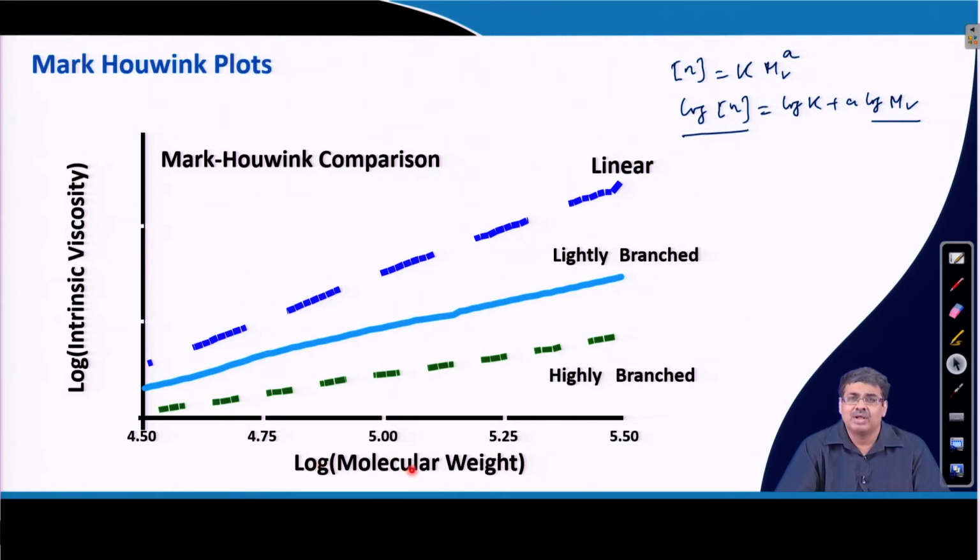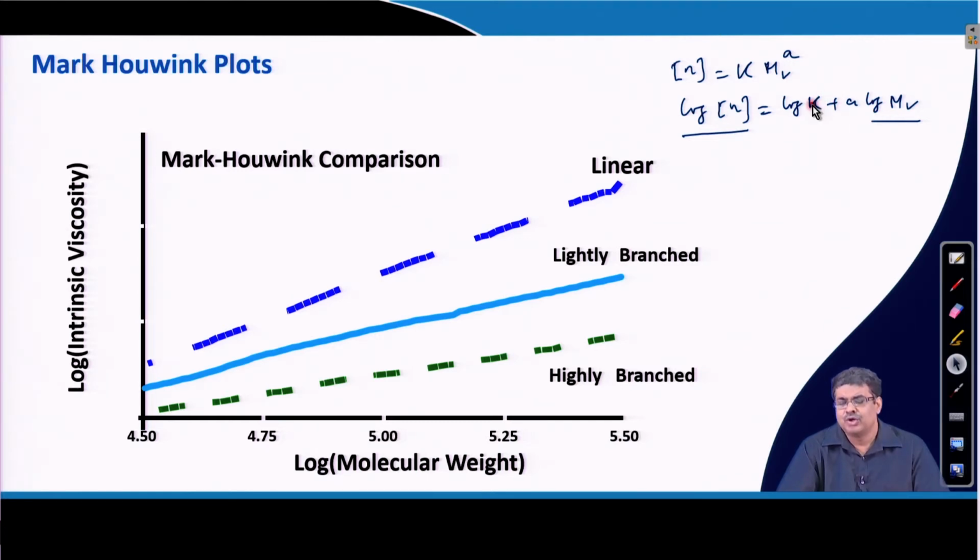Now, the question comes, if you have synthesized a new polymer molecule, then how can we get the molecular weight? What is the way we can get the molecular weight for an unknown polymer molecule?